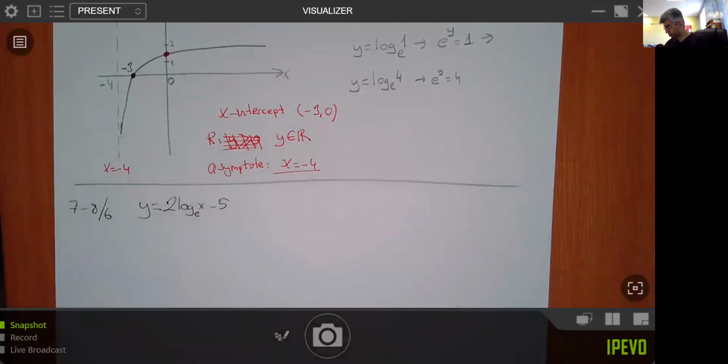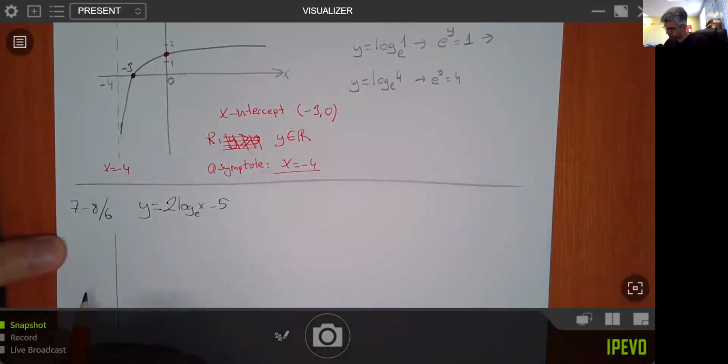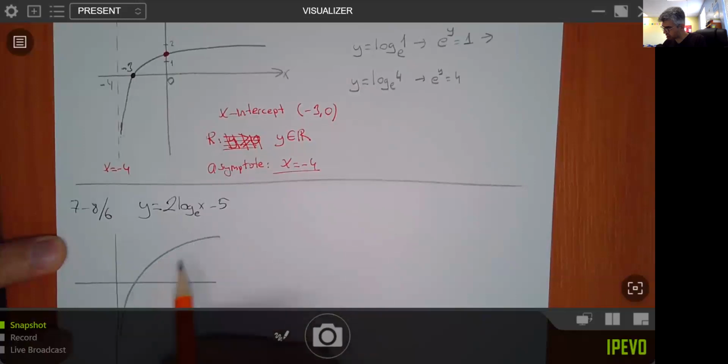I'm not going to draw exact ones. Okay, guys, so 2 is this one, right? Because it is stretched, that is 2 log x base e.